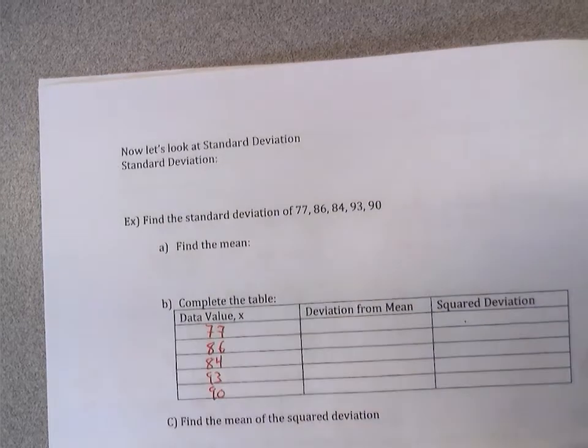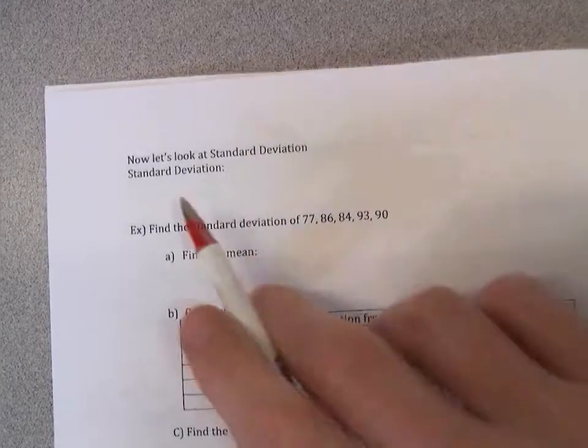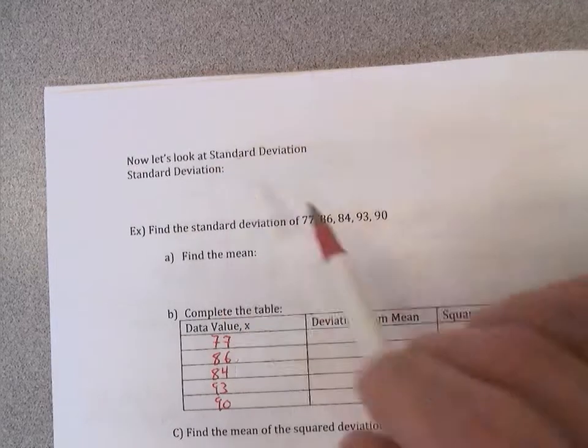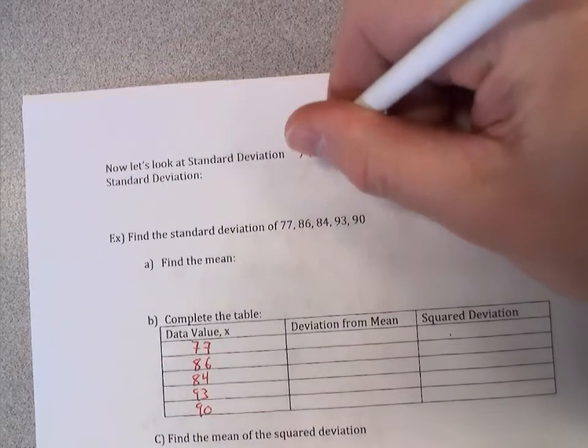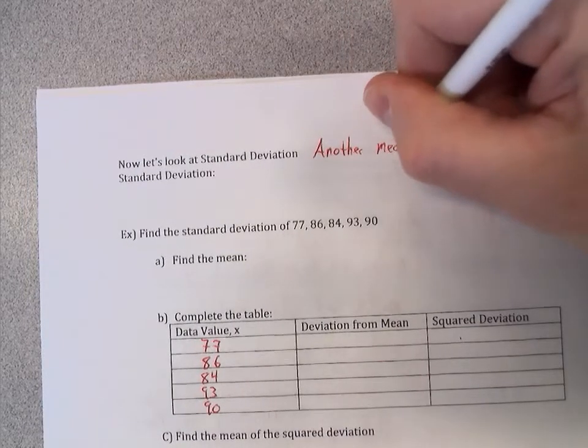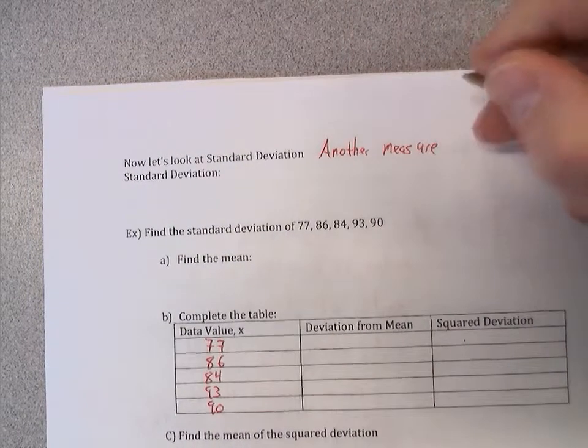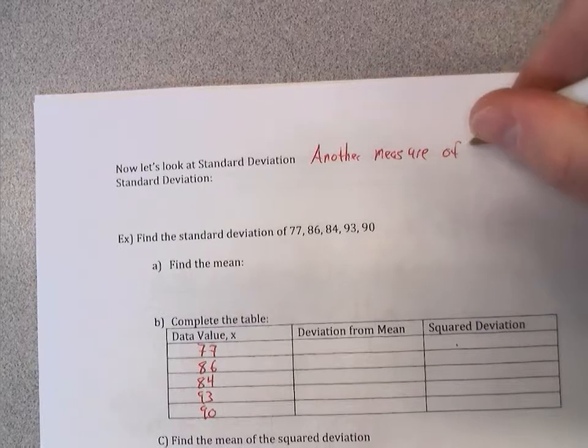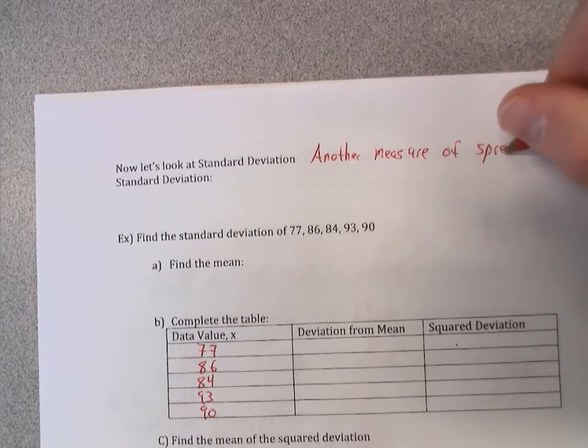All right, this is part 3 of lesson 8.3. So now we're going to look at standard deviation, and this is just another measure of data spread.